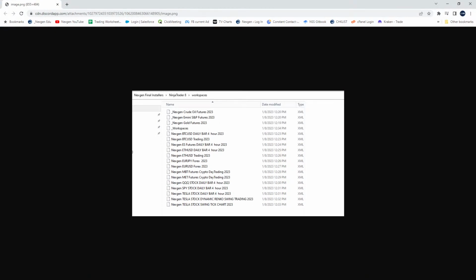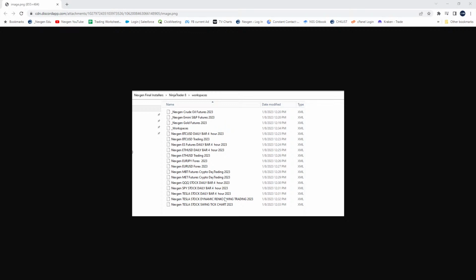It's the same workspace that you had prior, so there's really not a difference. Somebody said that in NinjaTrader 8 the workspace had a 2021 designation, because that's when I made that workspace, and we've used the same workspace for the last couple of years and nothing's changed. But he said it'd be nice if they had a new date on them. So I went in and made a new date on each of the workspaces.